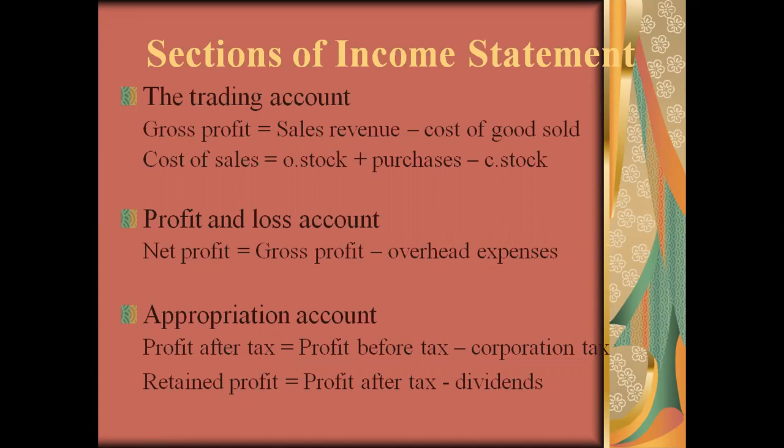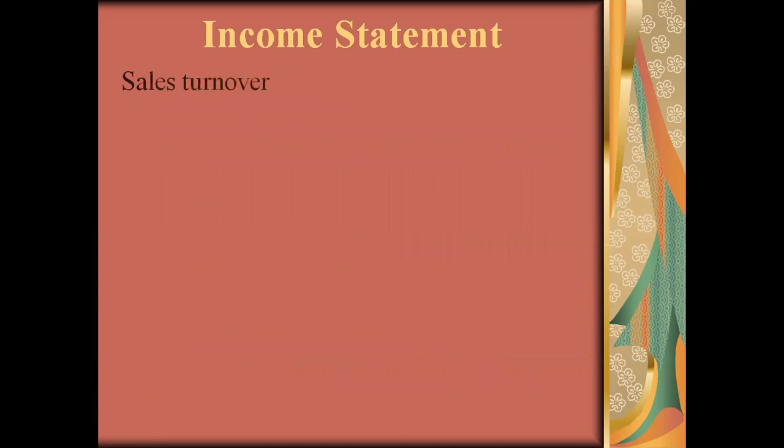In the question they may ask you to calculate retained profit, so you need to know the sequence. Now let me show you the sequence. This is the sales turnover or revenue, because now the new name is revenue. You subtract cost of sales from it, so you get gross profit. Then you subtract overheads, which I told you are a fixed cost.